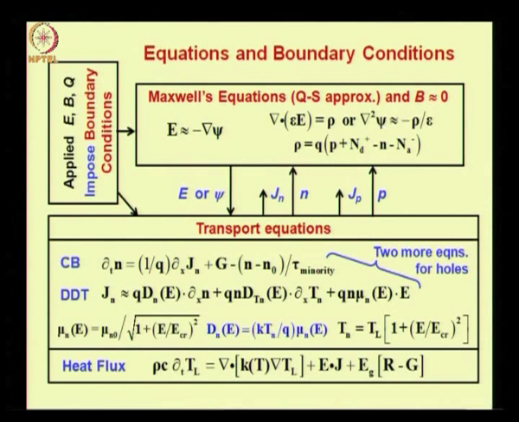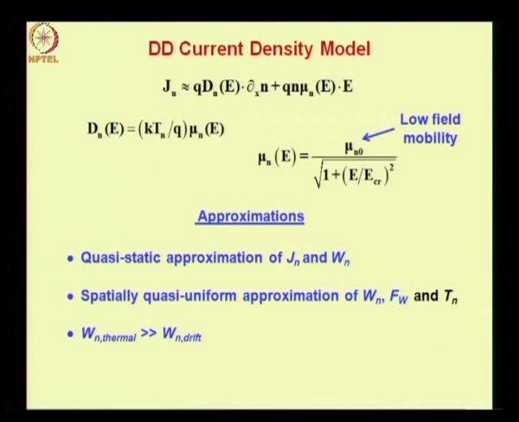So, you have 2 equations for electrons and 2 equations for holes. This equation absorbs both effects of momentum balance as well as energy balance. As against the energy balance equations case, where you had 6 equations, 3 for electrons, 3 for holes, you have 2 for electrons, 2 for holes, apart from the heat flux equation.